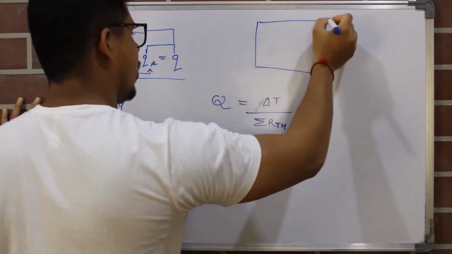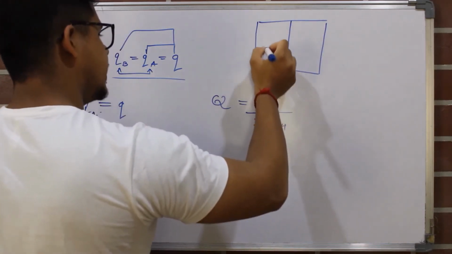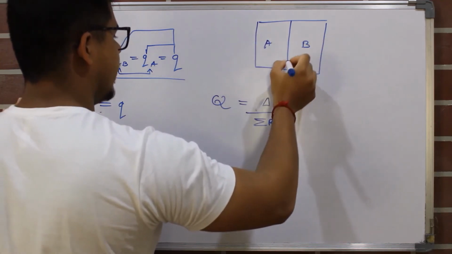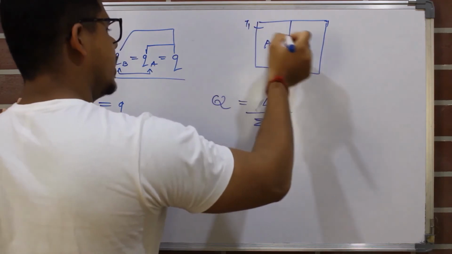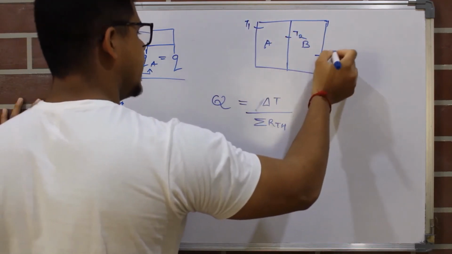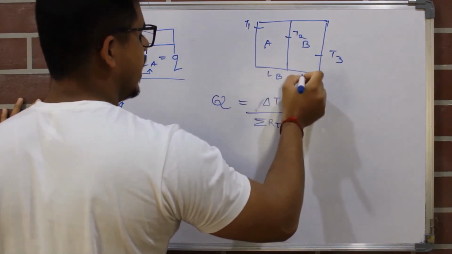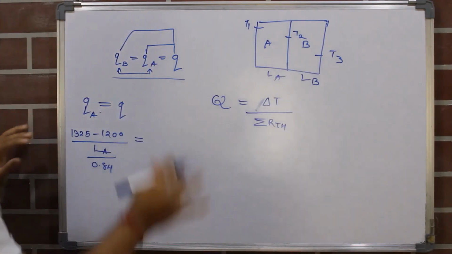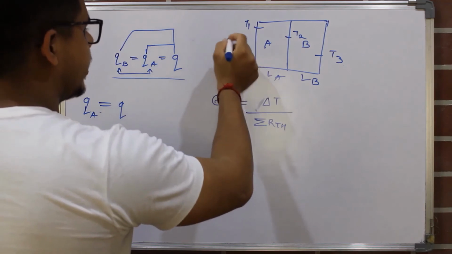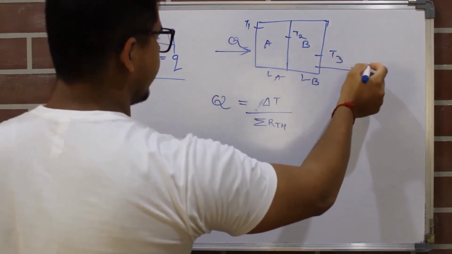Suppose we have the wall like this, and this is wall A and this is wall B, this is fire brick and this is insulating material, this is T1, T2, T3, this is LA and LB. Now we are talking about Q, the overall heat transfer rate.